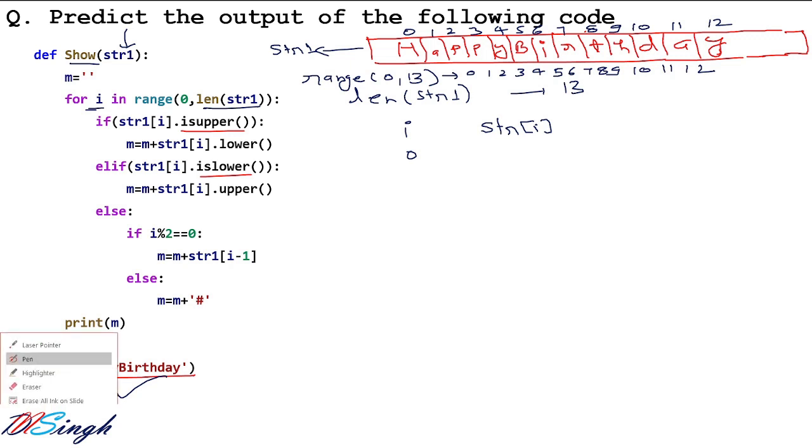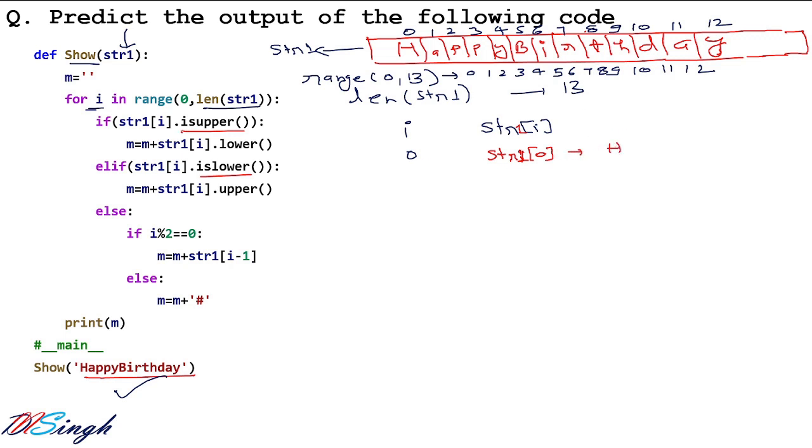Here str of i means str1 of i, this is the name of the variable. So here you get str1 of 0. What will it result as at the 0th index? You have the capital H.